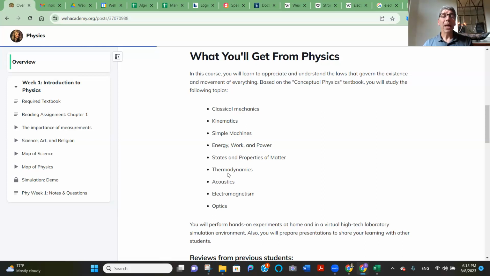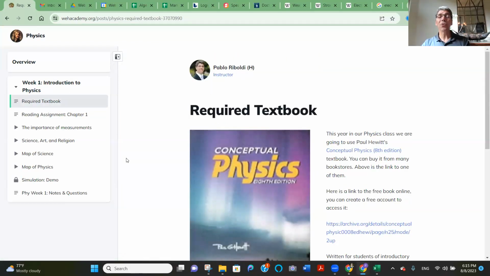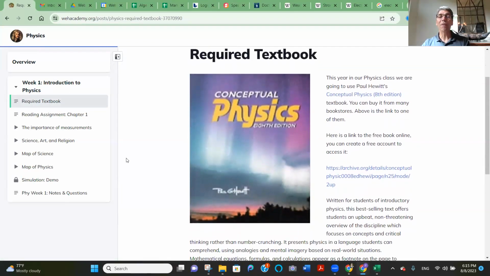This course is very conceptual, so we are not going to focus on a lot of math. We are going to do some of that, but mainly to help us understand the relationships between different concepts. The textbook that we are going to use is called Conceptual Physics, 8th edition.